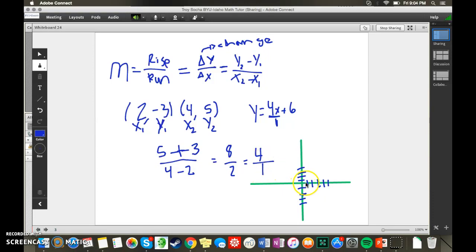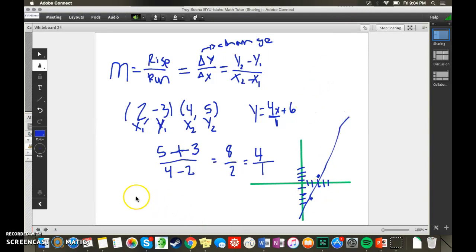So if we go and pick the point 2, negative 3 right here. Okay. Now we need to go, it looks like a positive 4. So we go up 1, 2, 3, 4. So right here. And then we go over 1. So we have just created a positive slope. It is a line that goes like this.